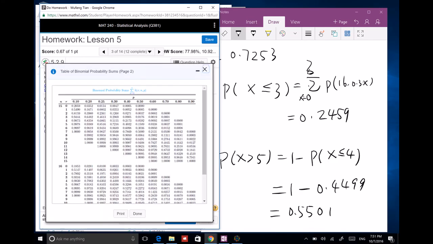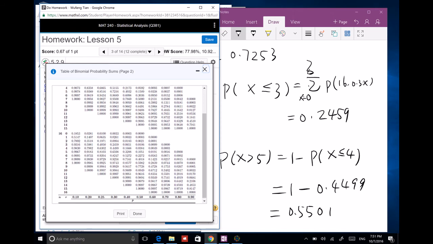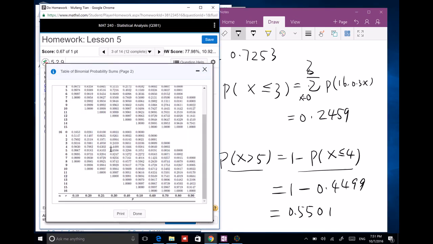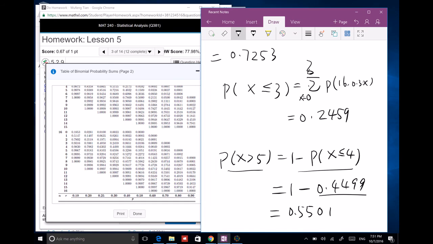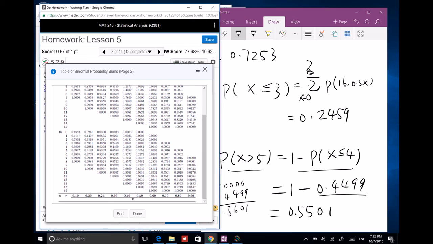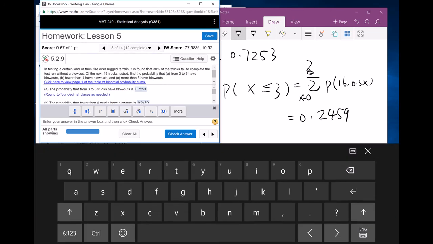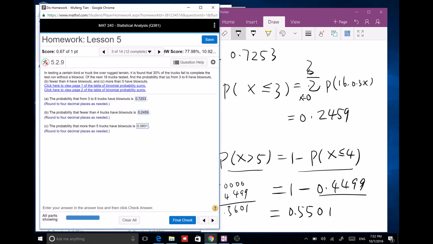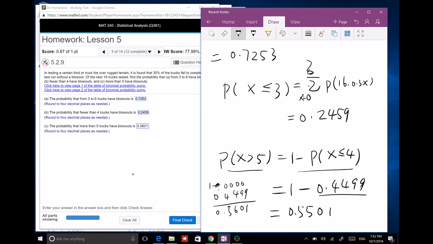Let me double check this one again. So it's 16. You see, it's more than 5, so it's bigger than 5, less than or equal to 4, 1 minus that. 16, 0.3 goes to 4, 0.4499, so 1 minus 0.4499, so this is 0.5601. Wait, 9 minus 9 is 0, 0 minus 6, and 1 minus 4.